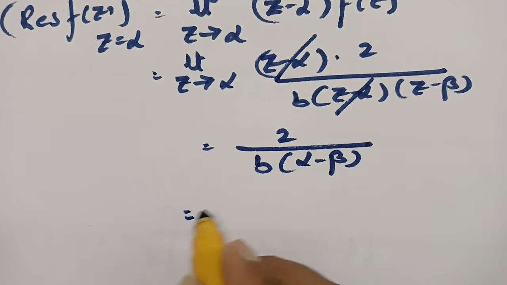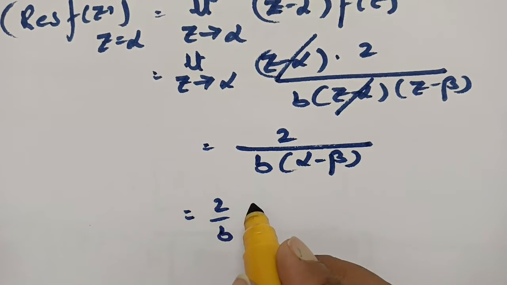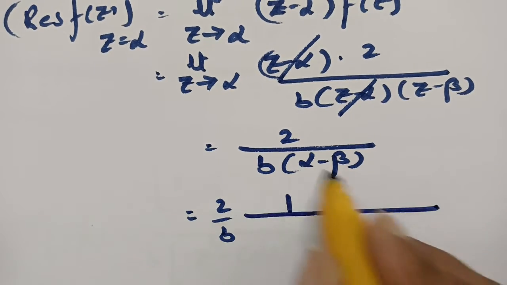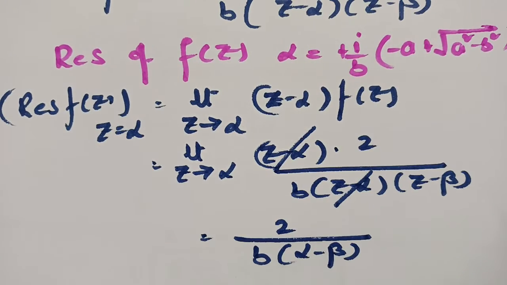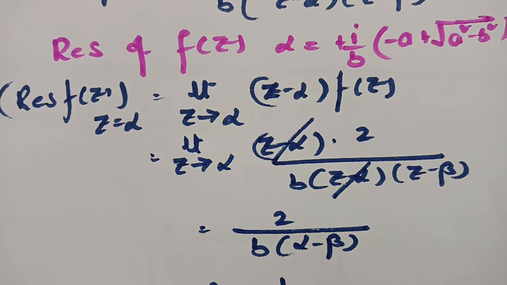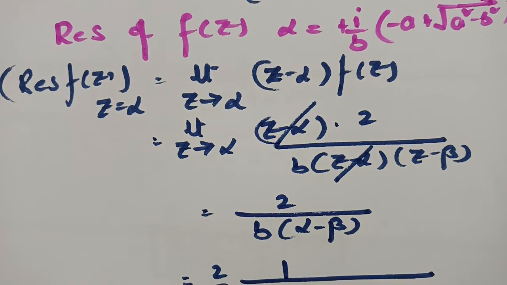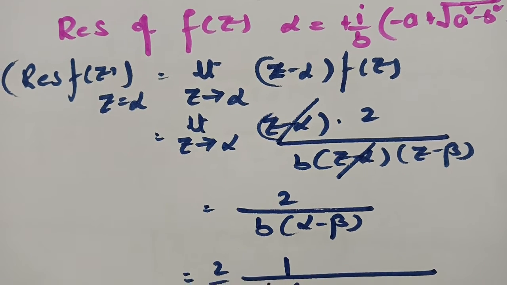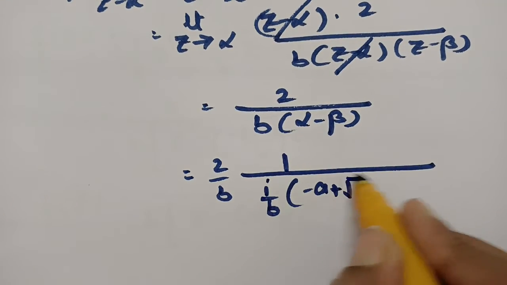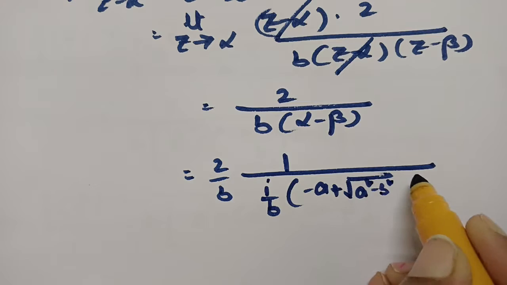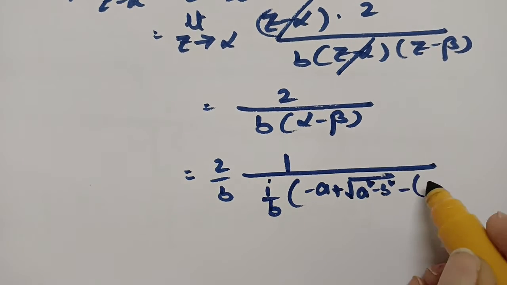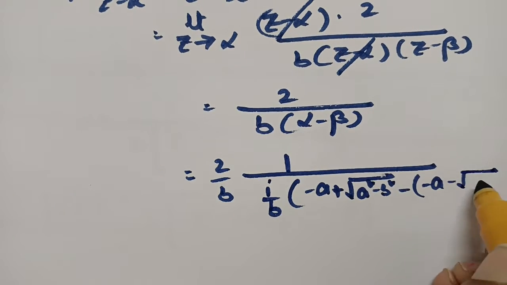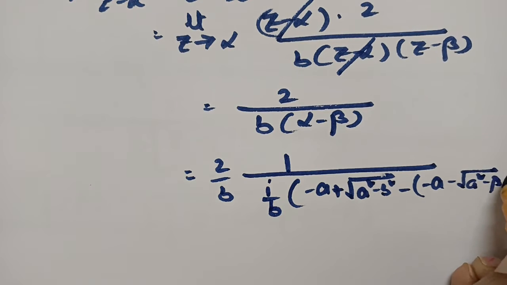So this value is equal to 2 by b times, so we have to substitute alpha minus beta. What is our alpha value? Alpha value is nothing but minus a plus root over a square minus b square over i b, and beta is minus a minus root over a square minus b square over i b.